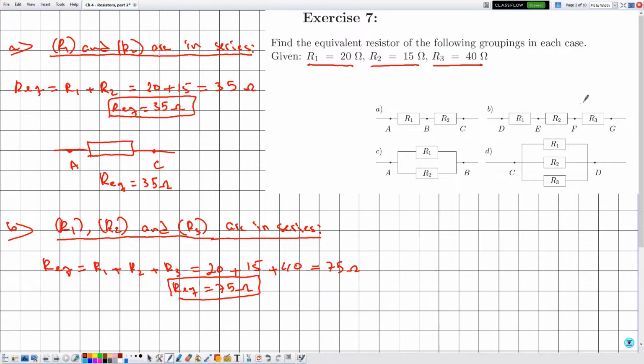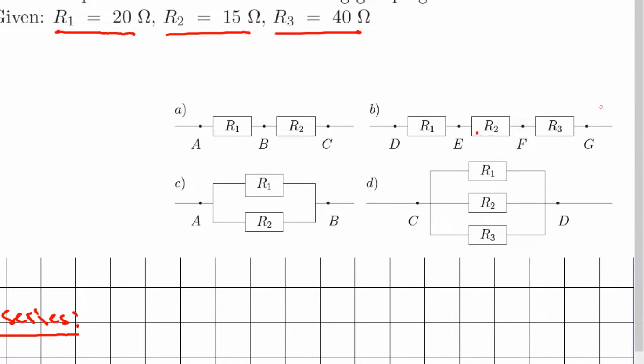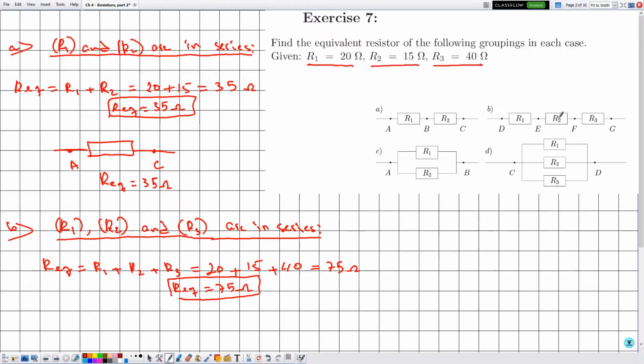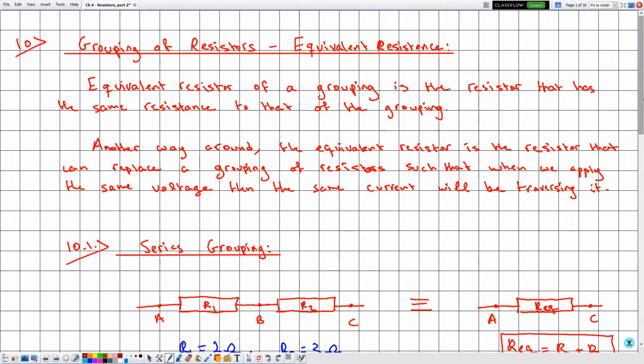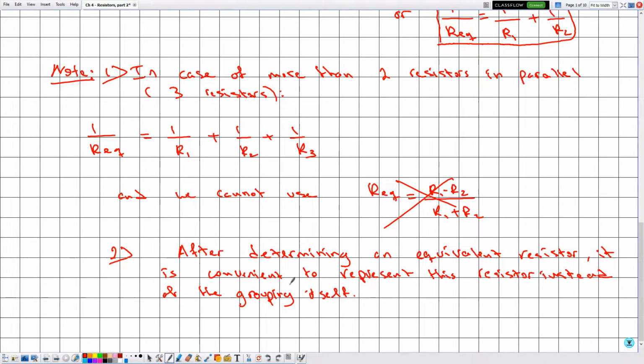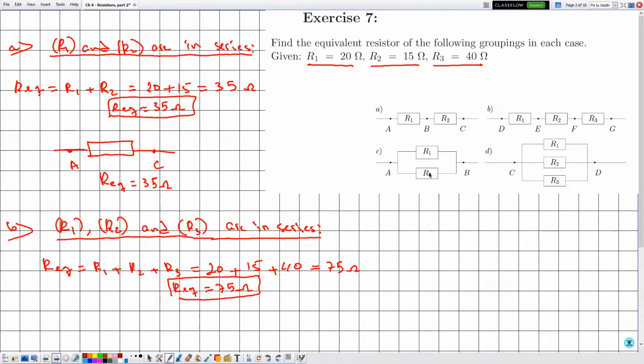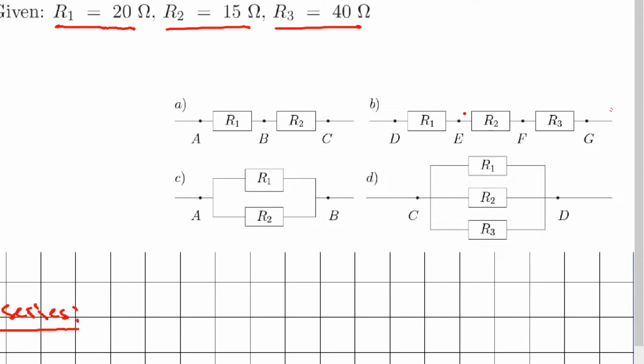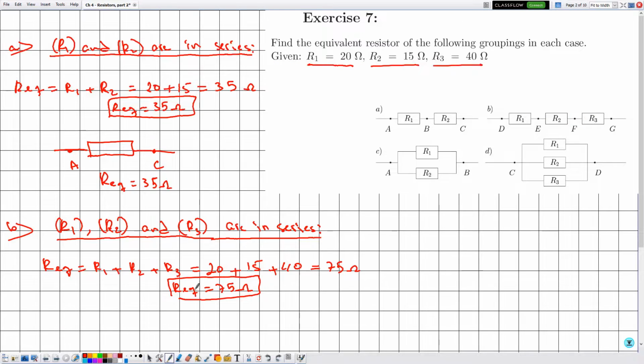Then the equivalent resistor that replaces this grouping or this configuration is given by R equivalent. And notice that here an important note is that whenever we calculate an equivalent resistor, we need to represent it or we need to sketch it. So in this case, the points A and F will disappear and we are left with the terminals D and G. So this is R equivalent.